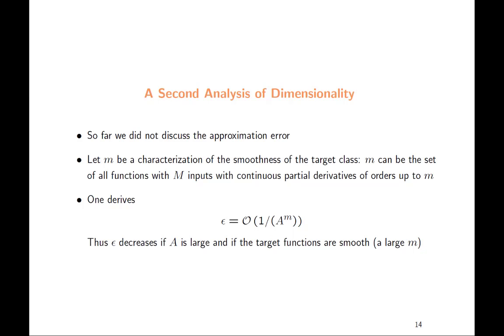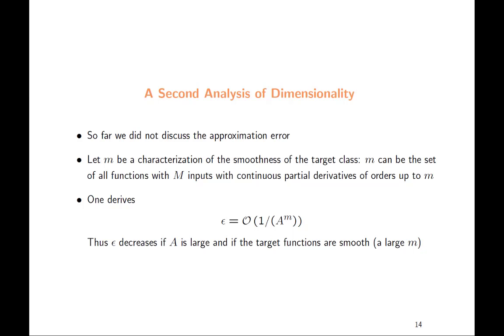So in this theoretical work, for example, the class can be the set of all functions with m inputs with continuous partial derivatives of orders up to M. So the discontinuities sort of occur in higher dimensions, and the low dimensions are all very smooth. So just think of it as a smoothness parameter.